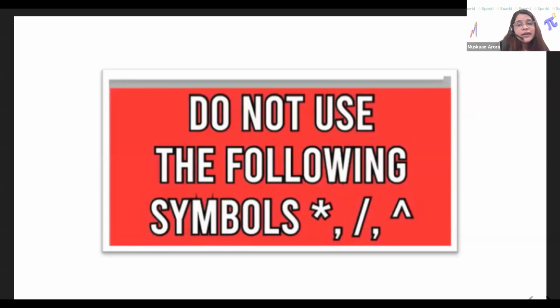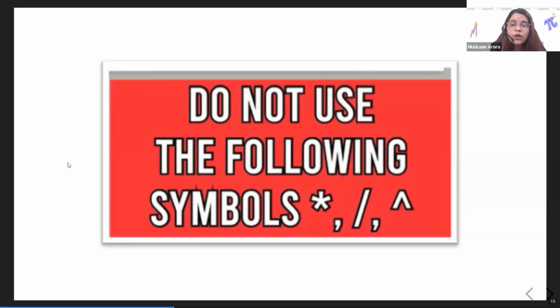But if you end up using it, what exactly will be the loss? Maybe the examiner can't understand your point or your equation clearly. Yes. And you will end up losing marks on criteria C, because criteria C judges you on the usage of correct terminology and symbols, right? All right, good. Then, yes, you guys can take a note. If you're not aware of this, these 3 symbols, please don't use them.